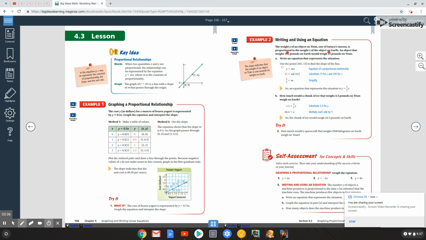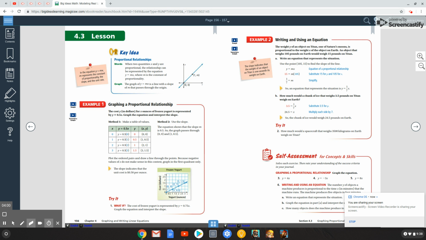Y and x are the points, and then m is going to be the slope. In this case, y is an object on Titan, so 15 goes there, and then 105 on Earth, and x is for Earth, so we put 105 there. Then we divide both sides by 105 to get 1/7 equals m.